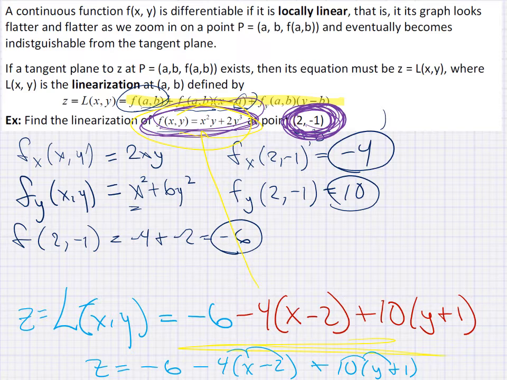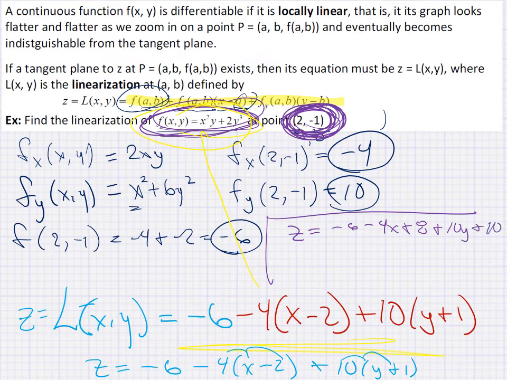I'm going to get z equals -6 minus 4x plus 8 plus 10y plus 10. Bring all my x's and y's to the left. So I get 4x minus 10y plus z equals negative 6 plus 8 is 2, plus 10 is 12.